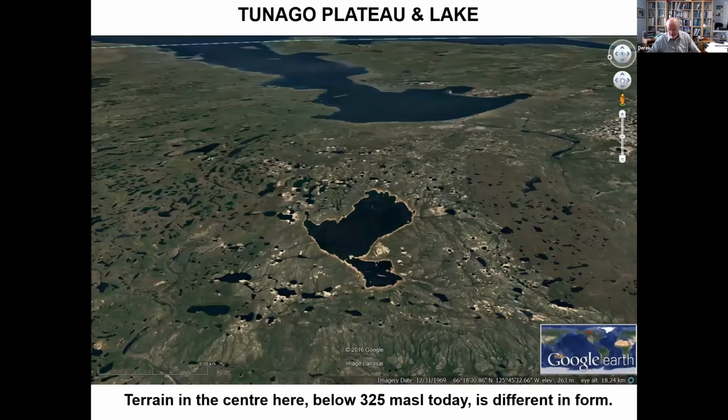Now, where we were was over here. Remember, I showed you the ponded mud and clay of the Mahony Dome. We see similar topography when we come to the north of the spillway. There's the spillway for a little bit of ground, but then we see a distinctly different topography in this region here. This is Tunago Lake. This is obviously Google Earth.